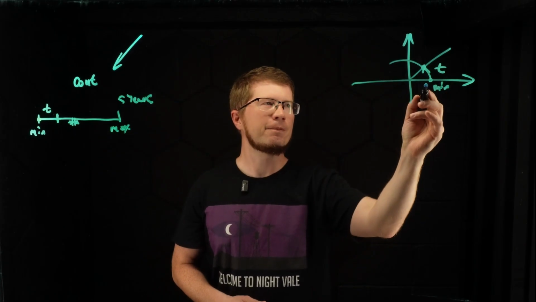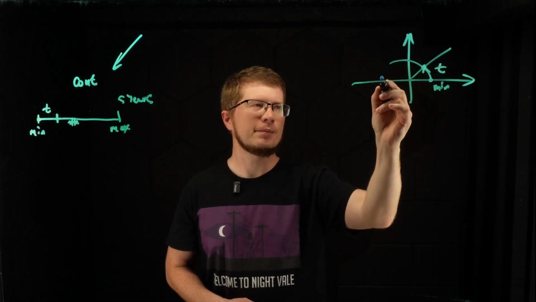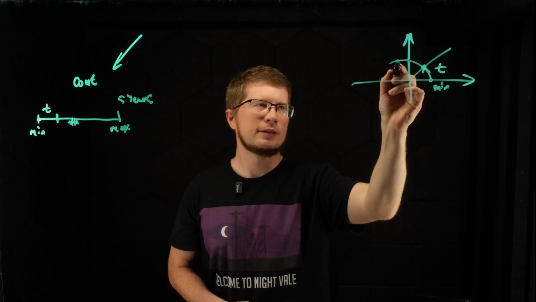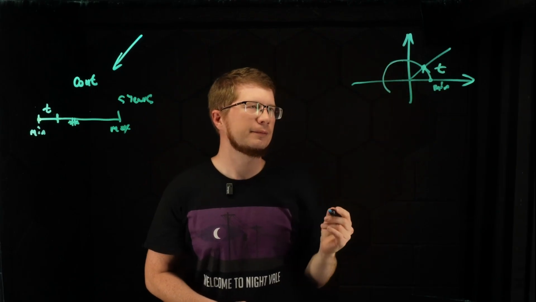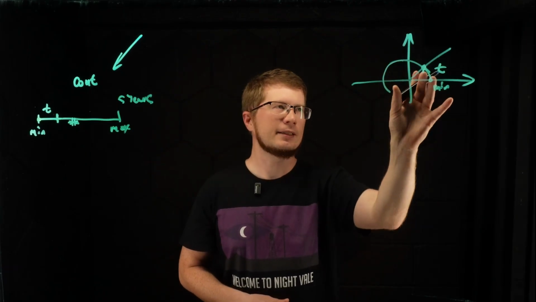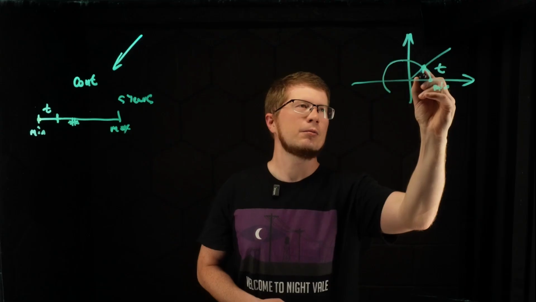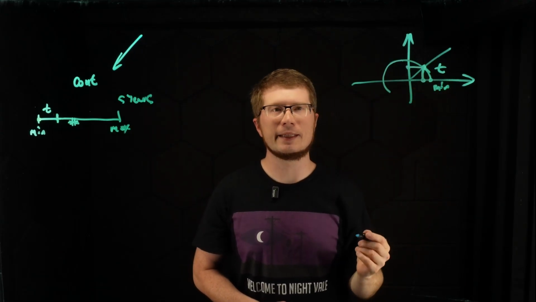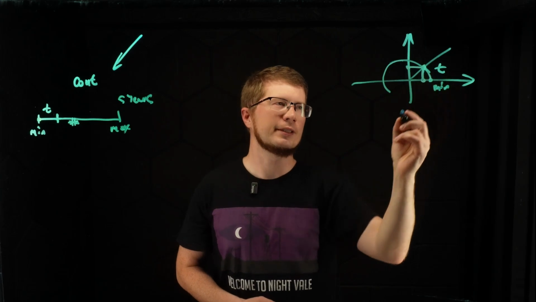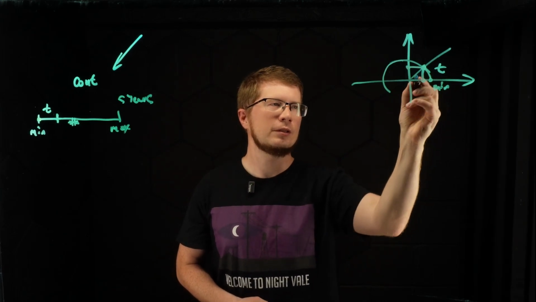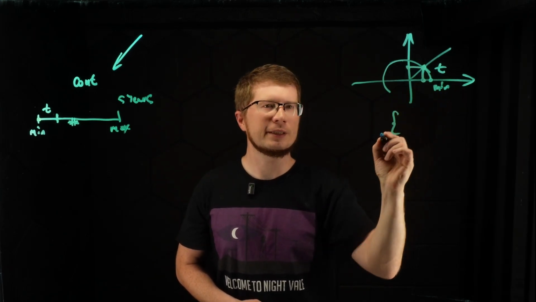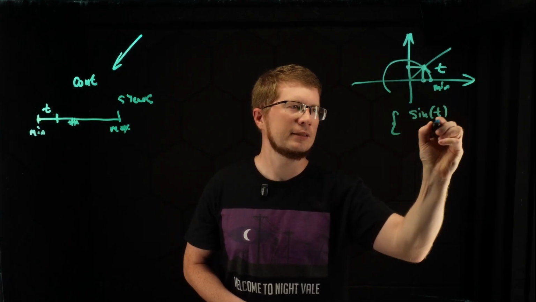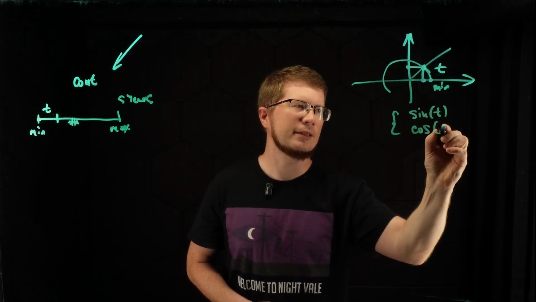Now if we change time along the curve, we're just changing the angle. And instead of tracking the angle directly, we'll be tracking sine and cosine functions of this angle. So our dot here will be represented as a combination of sine t and cosine t.